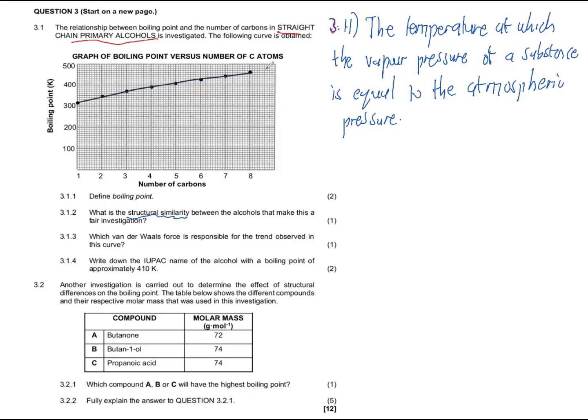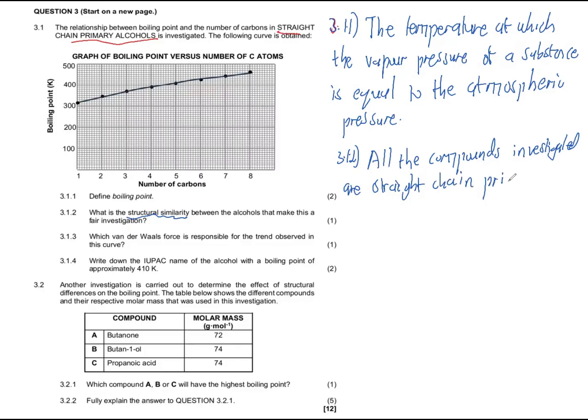What is the structural similarity between the alcohols that makes this a fair investigation? Now, I think that's the one that they mentioned there. The fact that all the compounds investigated are straight chain primary alcohols.